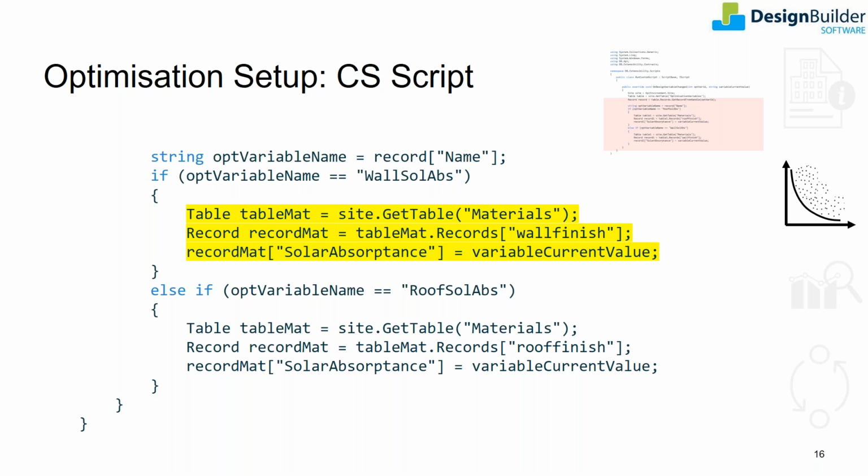After selecting the intended variable wall sol abs, this part of the script finds the material called wall finish. Then this sets the value of solar absorptance of wall finish to the value that has been chosen by the optimization engine.